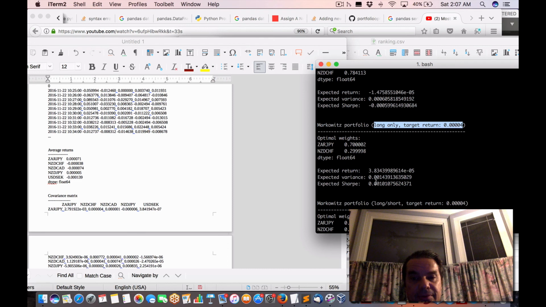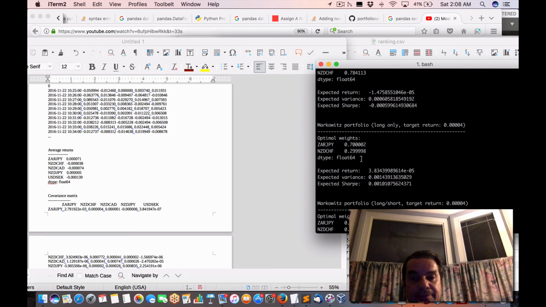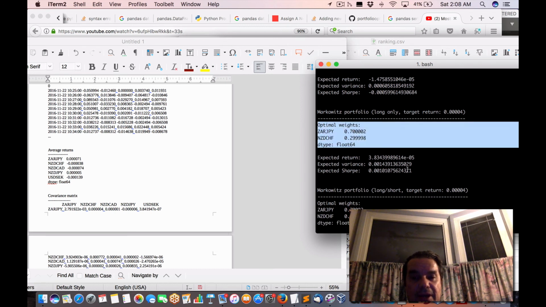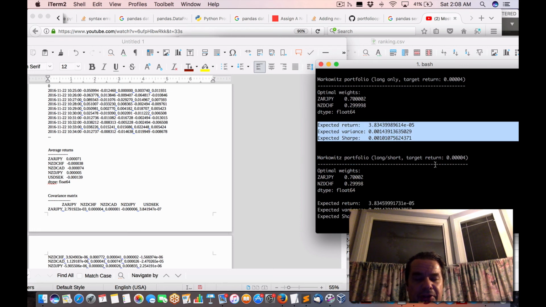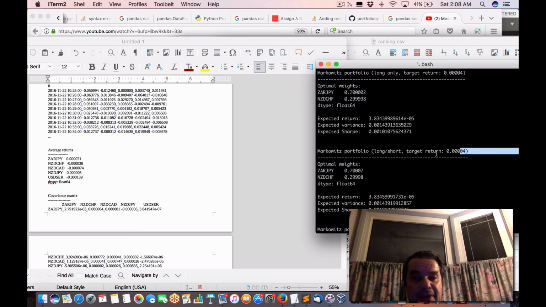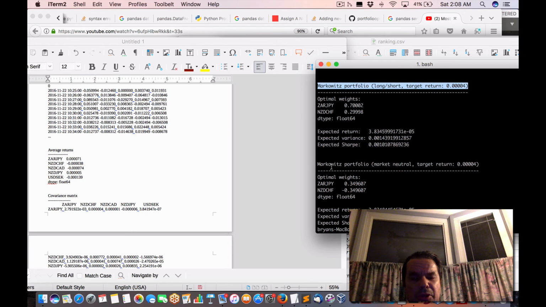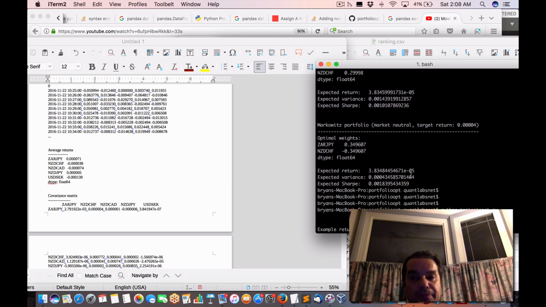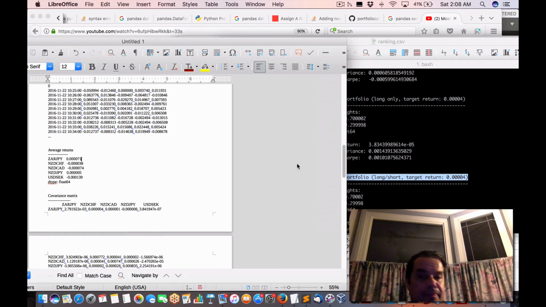Again, we measure the optimal weights to try to get this return, as well as our expected return, variance, and Sharpe ratio using the strategy portfolio type. Then of course we also have the Markowitz long short combination. Then we try to do a market neutral Markowitz portfolio, and that's pretty well it.